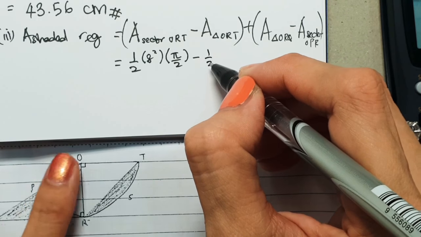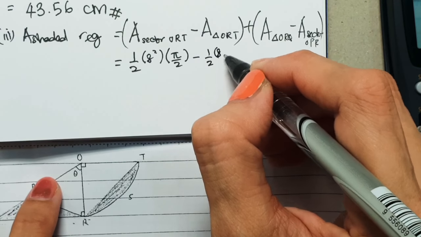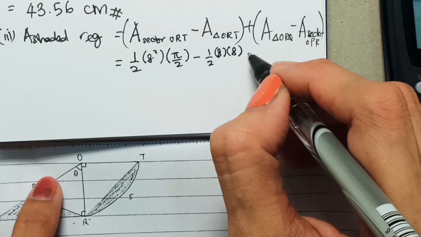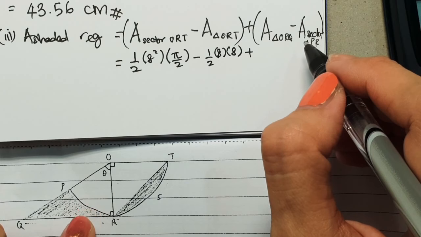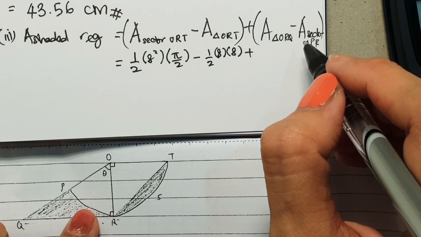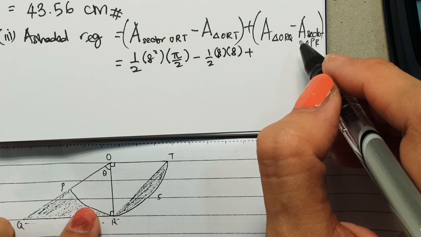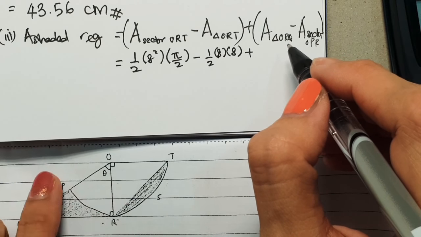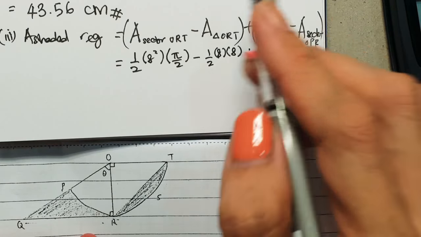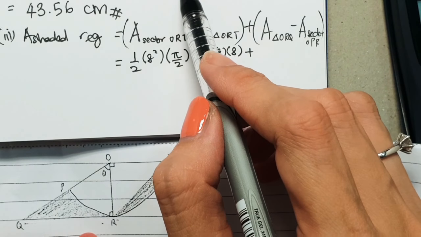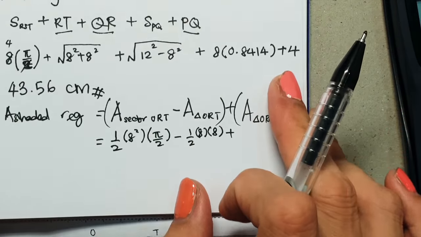So half times the base times the height, so 8 times 8. And then plus the area of the triangle here. So how do we find the area of this triangle? We can use the sine rule, half AB sine C if we want. Otherwise, we found the QR just now, isn't it?